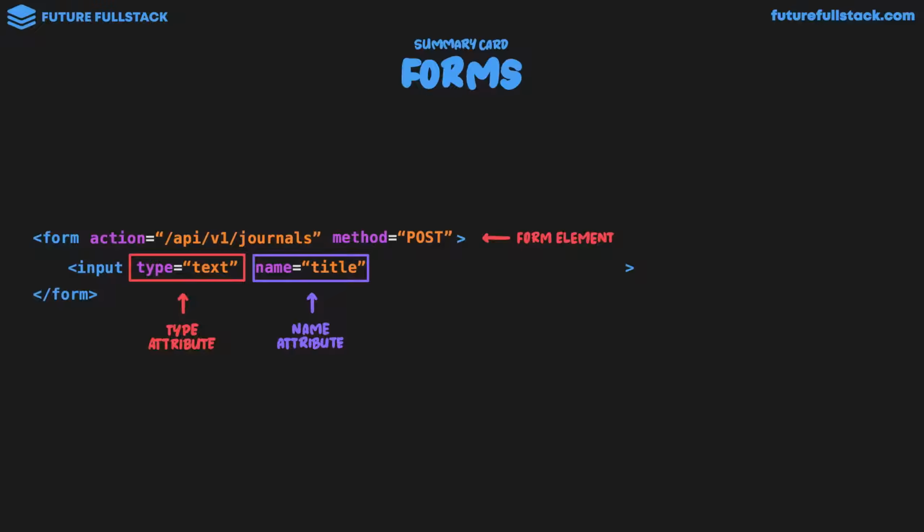We can call this whatever we want, like title for a journal title. And the last attribute we saw are other attributes, like placeholder, max length, etc. And these are all totally optional, and you can use one or more of them. All of this makes up the input element.